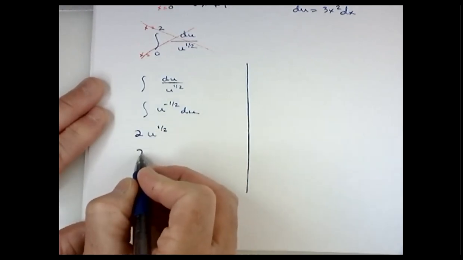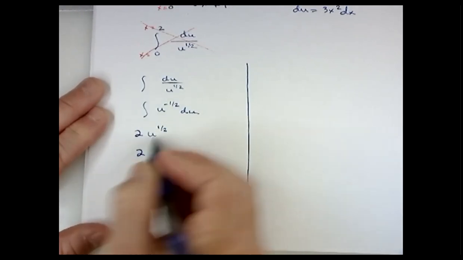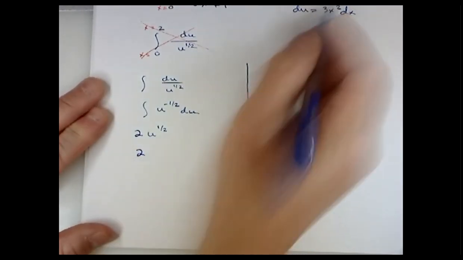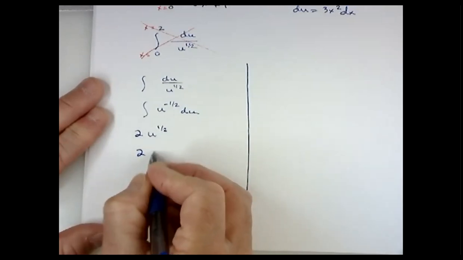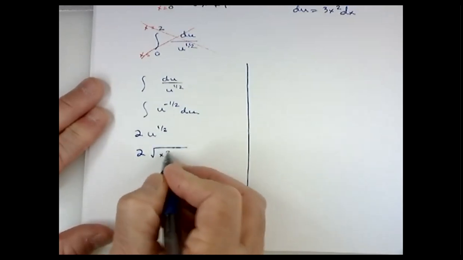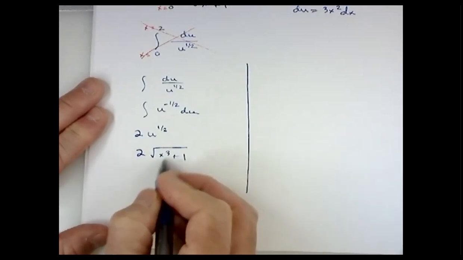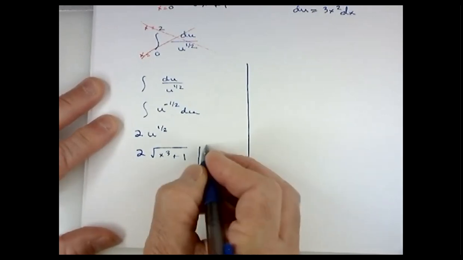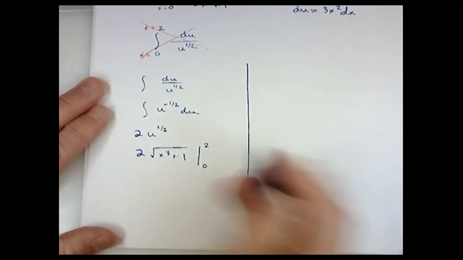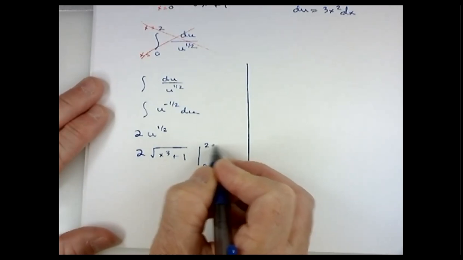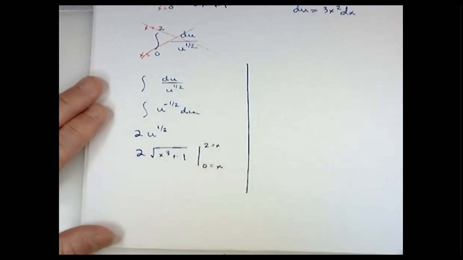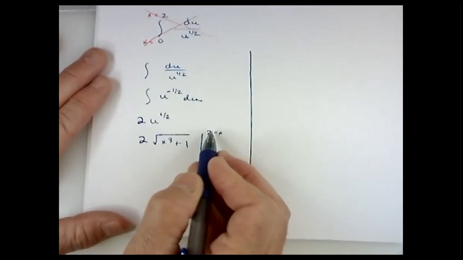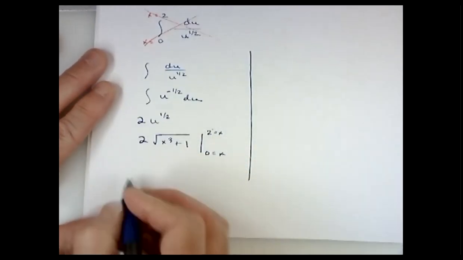And then what do we usually do after we find our antiderivative? We plug our u back in, right? So this is really x cubed plus 1 to the 1/2, which is the same thing as the square root of x cubed plus 1. And now that I'm back in the language of x, so to speak, I can go ahead and bring back my 2 and 0, because these were x limits, and use the fundamental theorem of calculus where I just plug in.